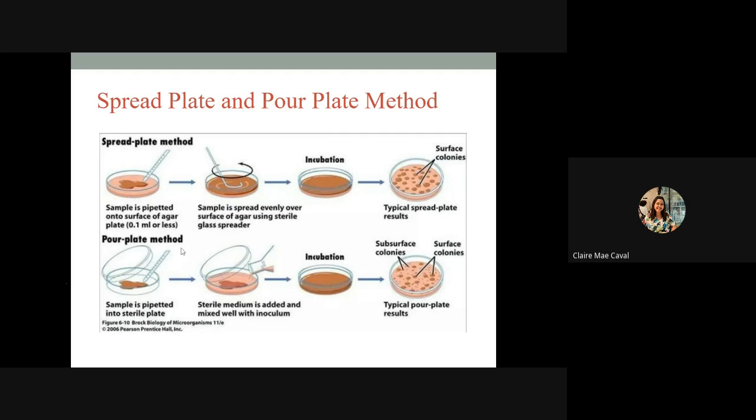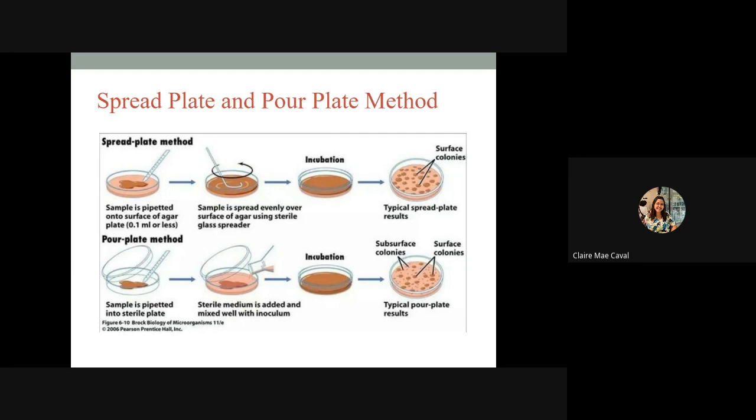Okay? In your pour plate method, this time you add the sample first, 1,000 microliters, or that's 1 ml of sample. And then you add the sterile molten agar into the inoculum or the sample of microorganism. And then you swirl it or rotate it clockwise and counterclockwise gently, and let it solidify.